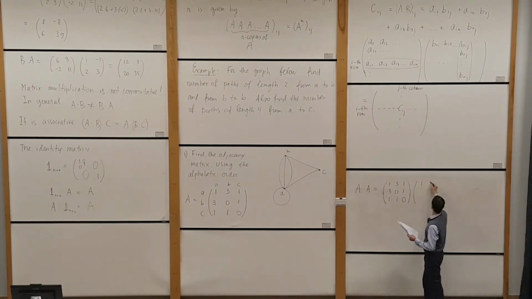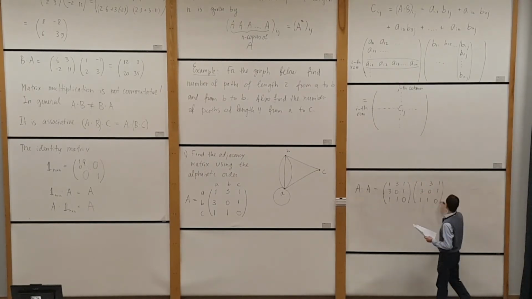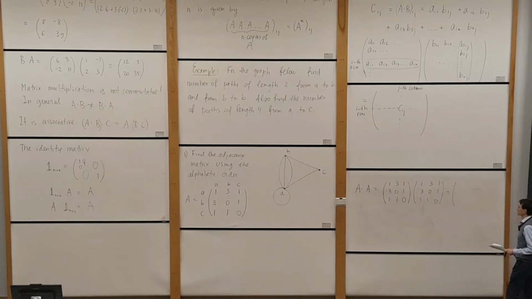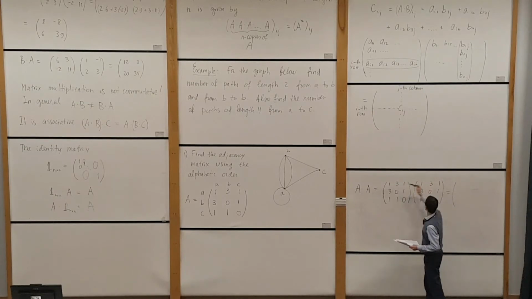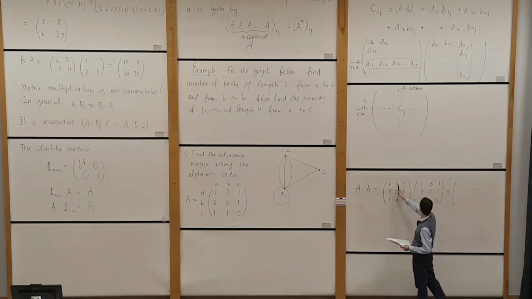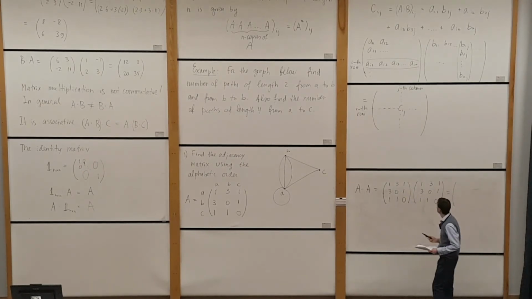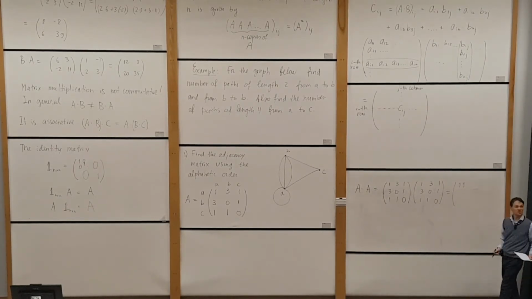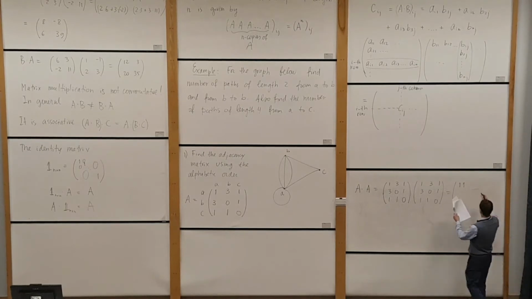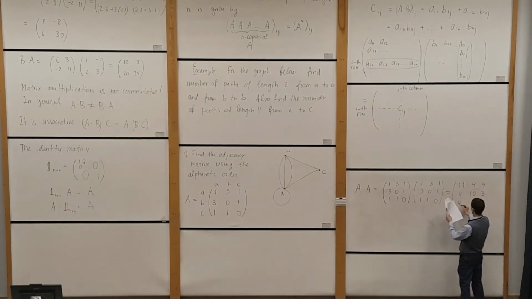And another copy. Then I go through my prescription. Taking the first row, 1, 3, 1, and the first column, so 1 times 1 plus 3 times 3 plus 1 times 1. So here it will be 1 plus 9 plus 1. That's 11. And continuing with the same rule, I get the following entries: 4, 4, 4, 10, 3, 4, 3, 2.